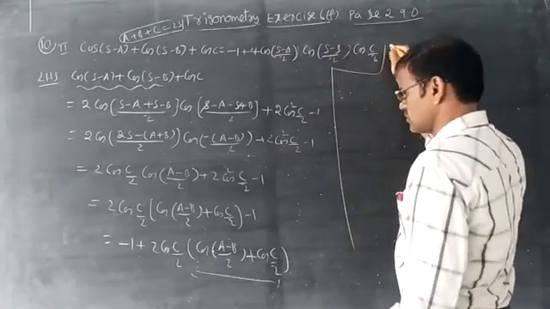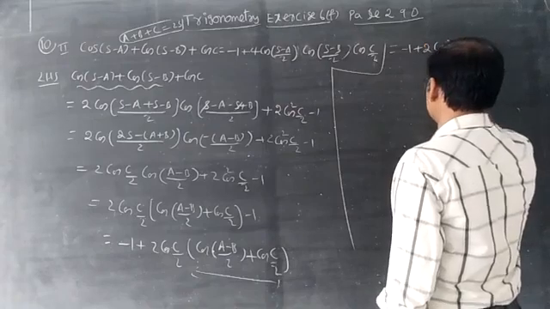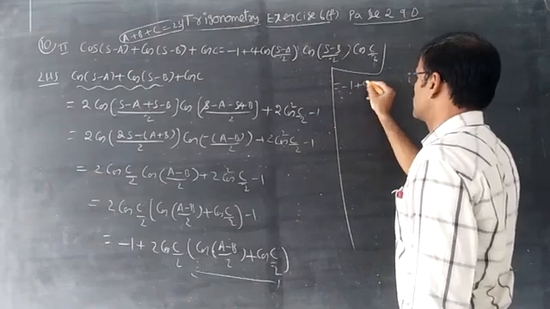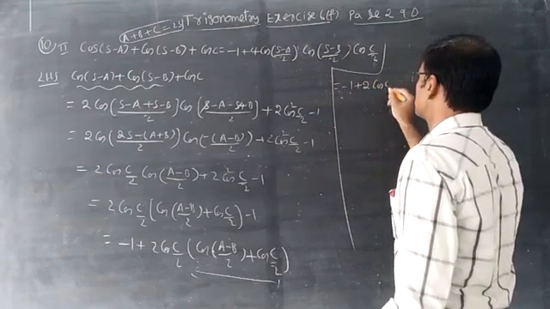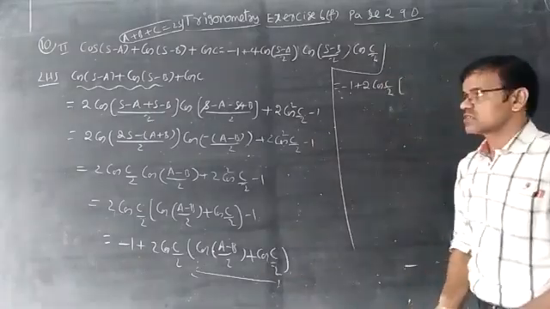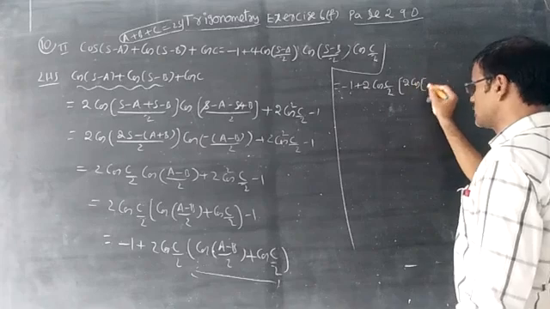That is equal to minus 1 plus 2 cos c by 2. Here I am writing minus 1 plus 2 cos c by 2 into, apply the formula cos c plus cos d, like this, 2 cos (c plus d) by 2 cos (c minus d) by 2 cancel.